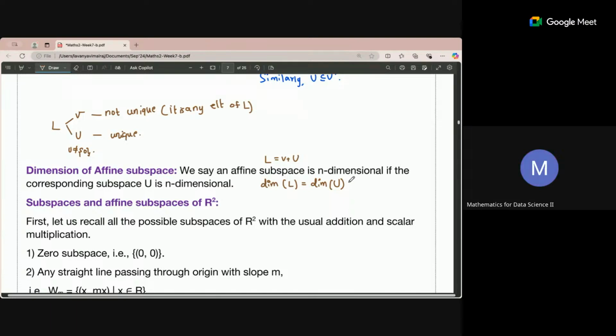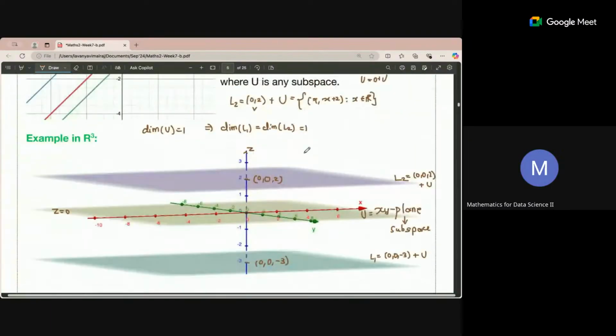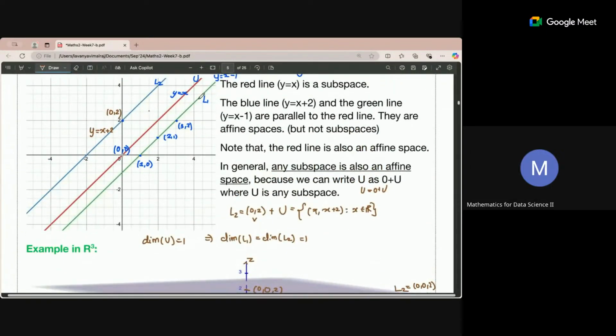What about V? Whether V is included? See, this is just a translation. The plane is remaining a plane. The plane is not becoming a space in R space like R3. The line is remaining as a line only, so it is not changing into a plane. You can see that the dimension cannot change from this view itself.